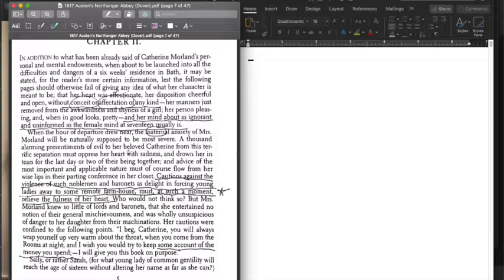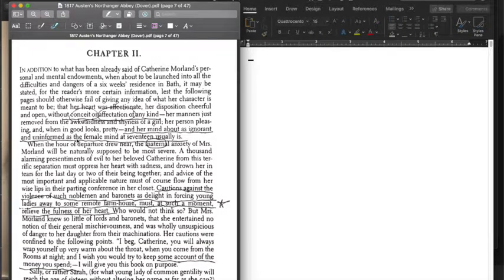I'm going to try something new here and type notes because it's much easier than writing on my screen. So here we go. Again, remember, Catherine is obsessed with these novels, and she's constantly comparing her own life to that of a heroine in a novel, and it's always just falling short. Her family is too nice to be a proper Gothic family.